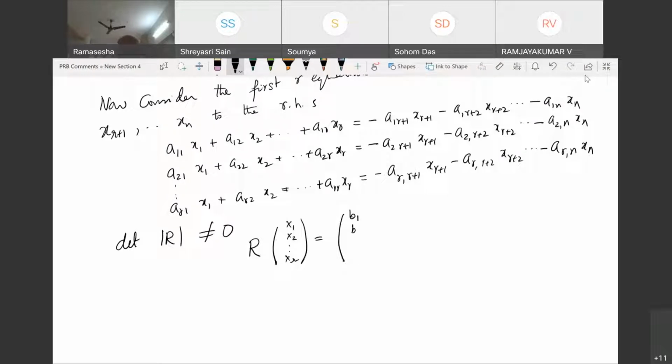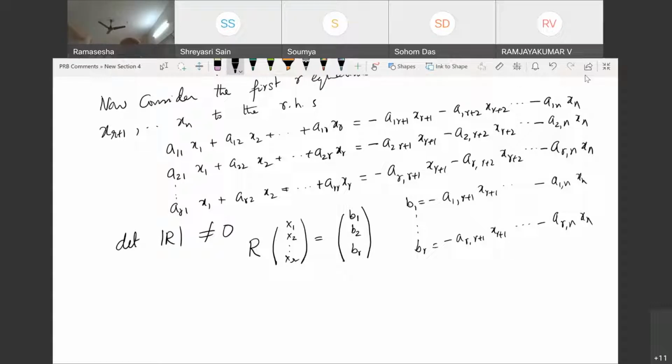And B1 is minus of A1 R plus 1 XR plus 1 up to minus of A1 N XN and so on and so forth. BR is minus of A R comma R plus 1 XR plus 1 etc. minus A R comma N XN.